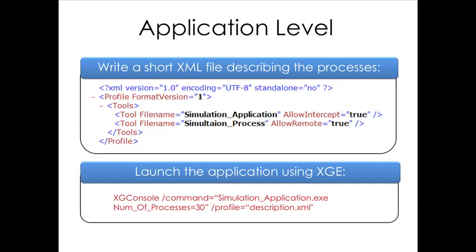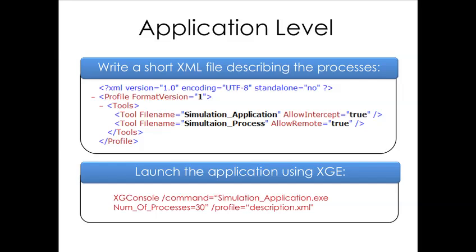This simulation application executes tens of thousands of these simulation processes, each one with different parameters, in order to calculate, for example, an n variable problem. The only thing required for this application is to write a short XML file describing the processes which are part of the entire solution.